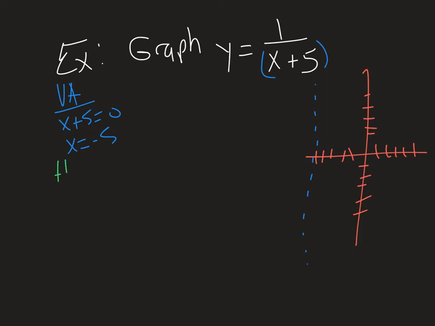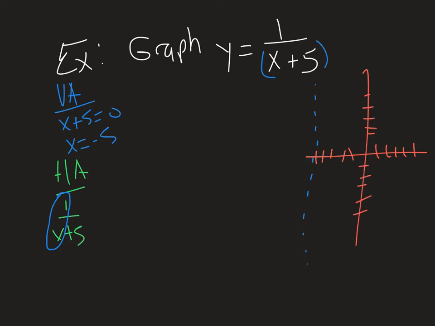Now I'm going to think about my horizontal asymptote. The idea is I'm going to ask myself, what happens to 1 over x plus 5 as x gets really, really big? So I'm only going to look at the leading terms, and in this case it's pretty simple. We'll look at examples in another video where it's a little more complex, but really all I have to look at in this case is the 1, because it's the only thing up there, and the x, because that's the leading term.